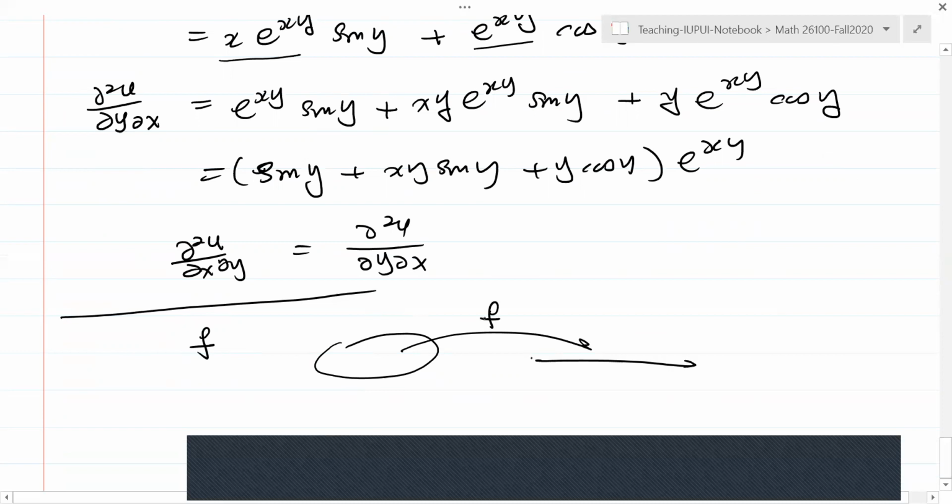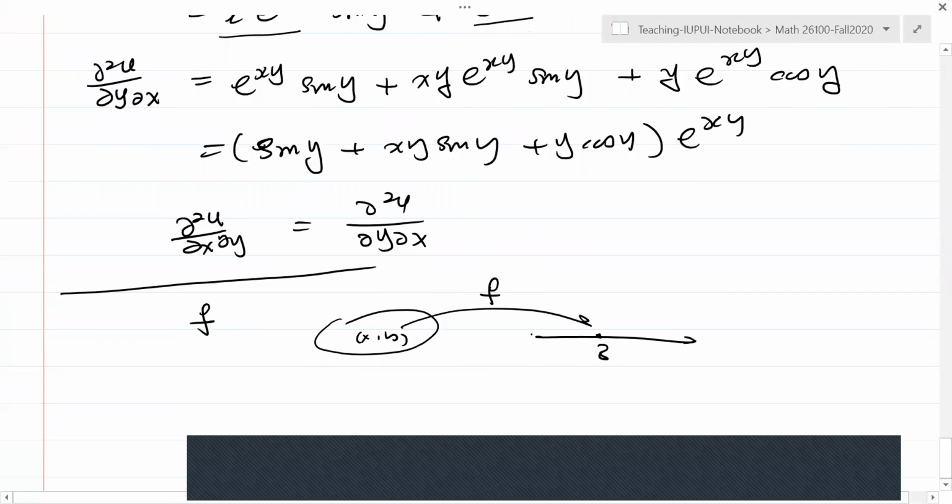Given x variable, you get another variable here, usually denoted by z. So how do you describe this function? It assigns a unique value to each point in the domain. This can be given by a formula, and the relationship usually is written in this form.